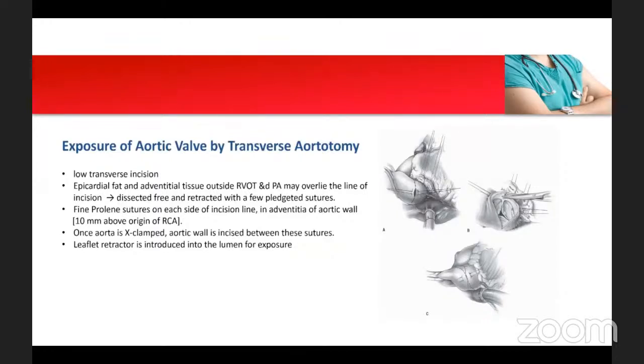The epicardial fat is retracted at the adventitia around the aorta and pulmonary artery. We may dissect it and retract it with a few ligated sutures to facilitate the exposure, and we can use a fine Prolene stitch on each side of the incision in the adventitia of the aortic wall, at least 10 millimeters above the origin of the RCA.